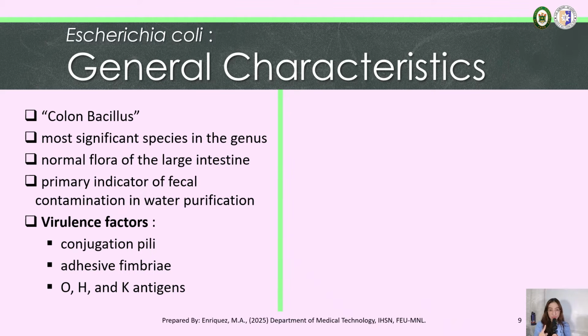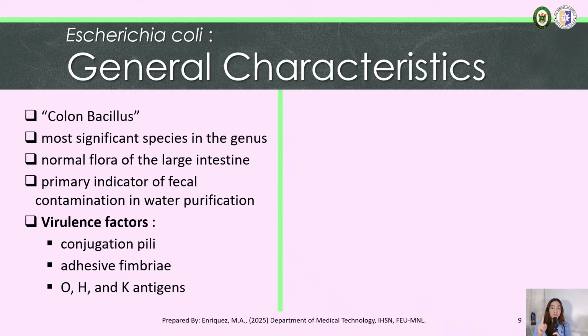The other type of pili is the conjugation pili or sex pili, which is used by the bacteria during the process of genetic transfer, specifically conjugation. So recall lang po, no, during conjugation, one bacterial cell can transfer or donate some of its genetic material to a recipient cell.